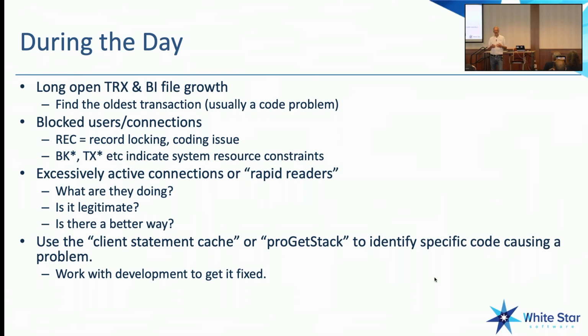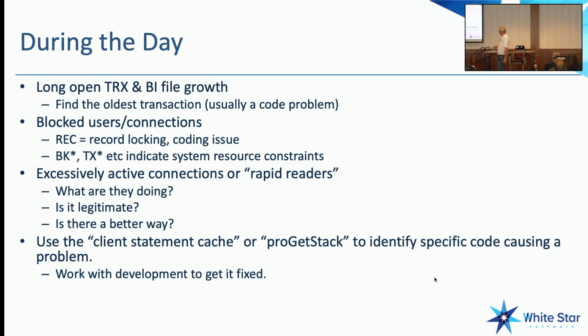Sometimes management came down and said, hey, by the way, we're buying a competitor next week, we've got to put together such and such a report. Can you do it right now? Okay, that's legit. You've got to do that. But if it's just routine business operations that are all of a sudden consuming a lot more resources, then you probably are dealing with the wonderful programming team having released a software update and done something wrong, like maybe they forgot the where clause. Who knows? It's been known to happen.